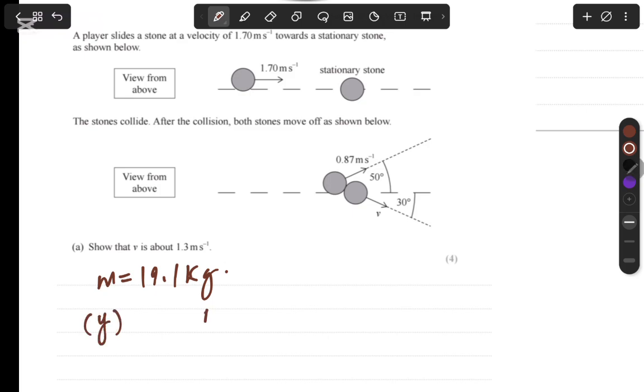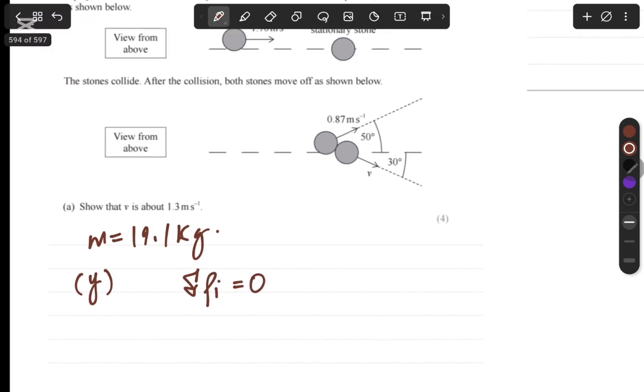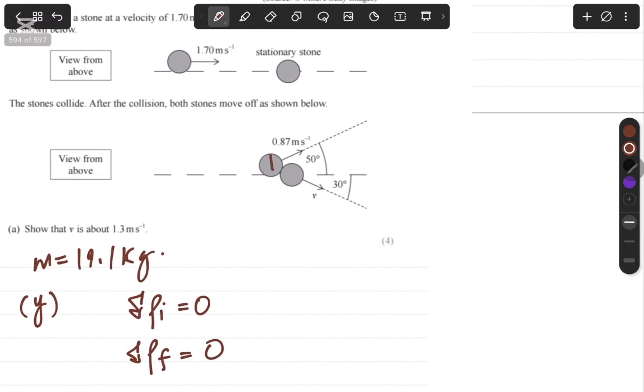So I'm going to do the conservation of momentum in the y direction because I can see that the sum of the initial momentum in the y direction is equal to 0. Hence, the sum of the final momentum in the y direction must also be equal to 0. Let's call this A here, and let's call this B. PA sine 50 should be equal to PB sine 30.